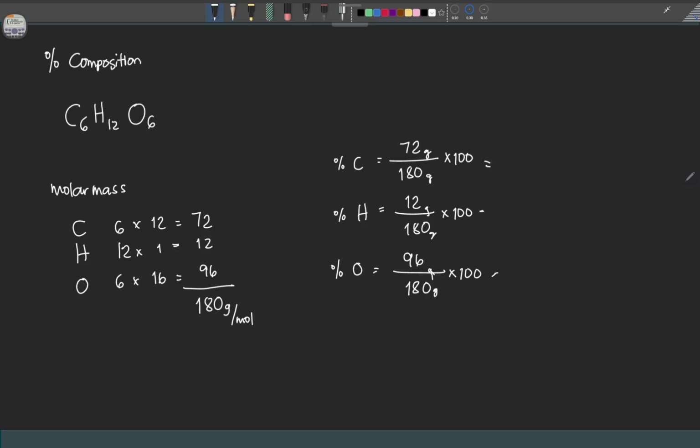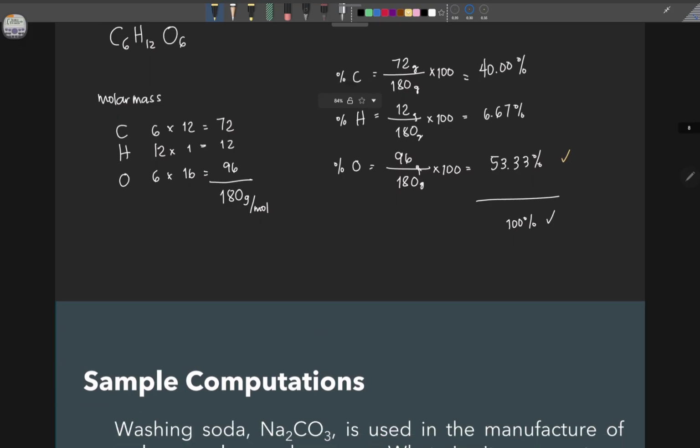Solving that will give you 40.00%, 6.67%, and then 53.33%. The allowable total is 99.99 or 100.01. Since this is equal to 100%, that's correct. So that is the percent. This means that oxygen has the highest percentage in glucose. Okay, so that one is easy.